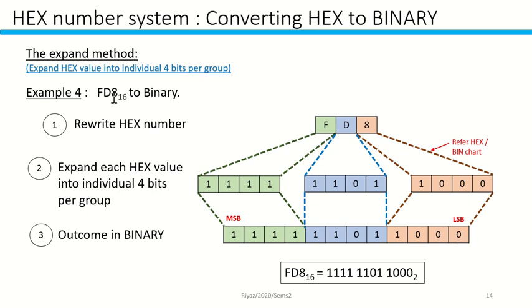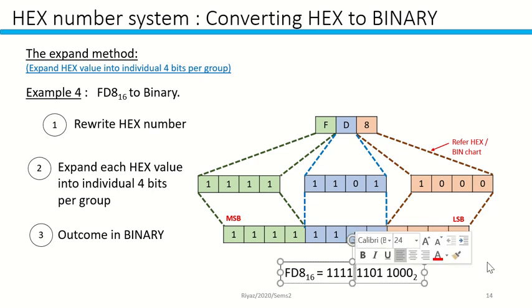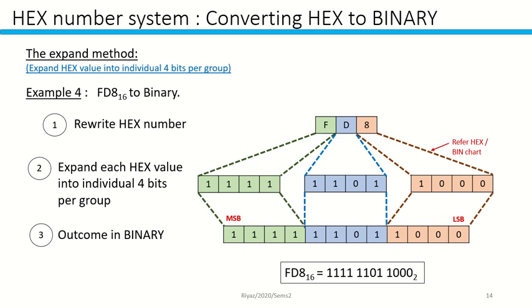So FD8 to the power of 16, the binary is 1111 1101 1000. I always suggest you write everything in groups of 4 bits, so it's much easier to read and also easier to represent, rather than writing everything very closely. There is a space over here, so this is very helpful.